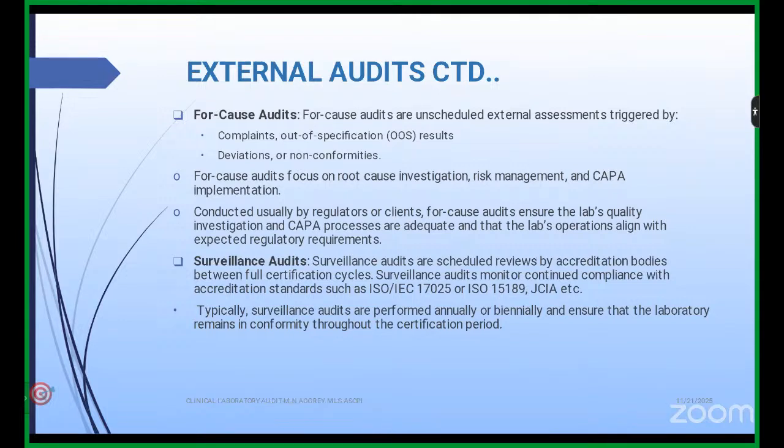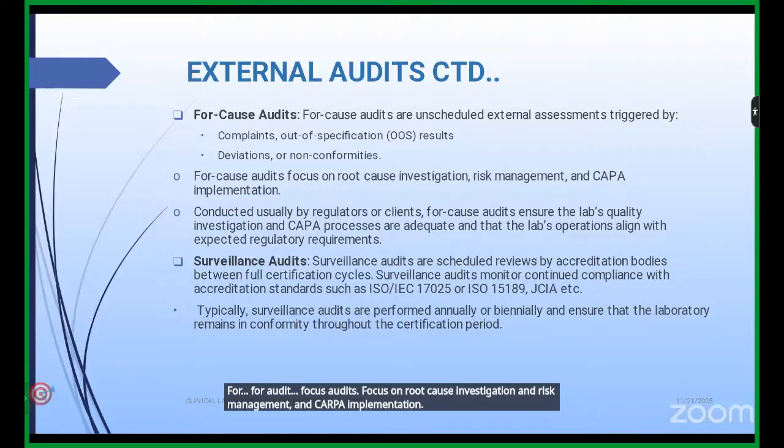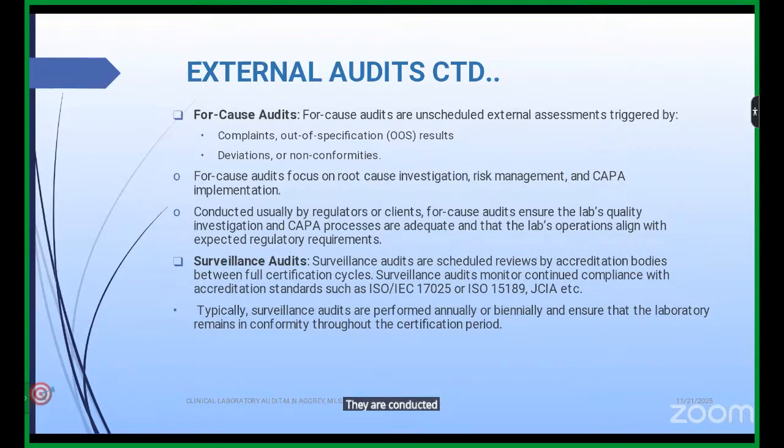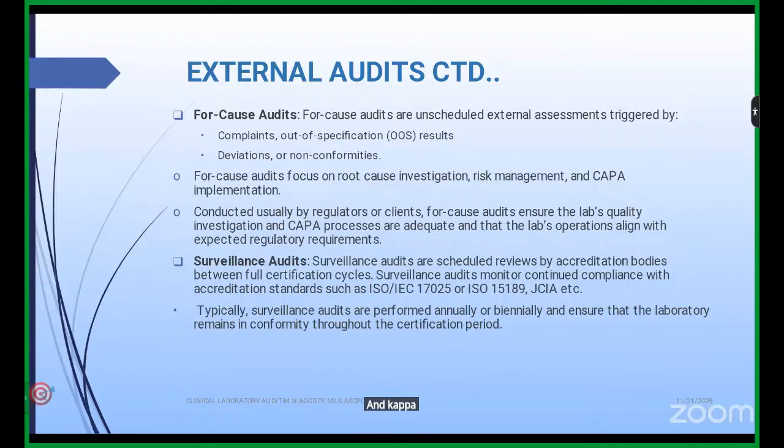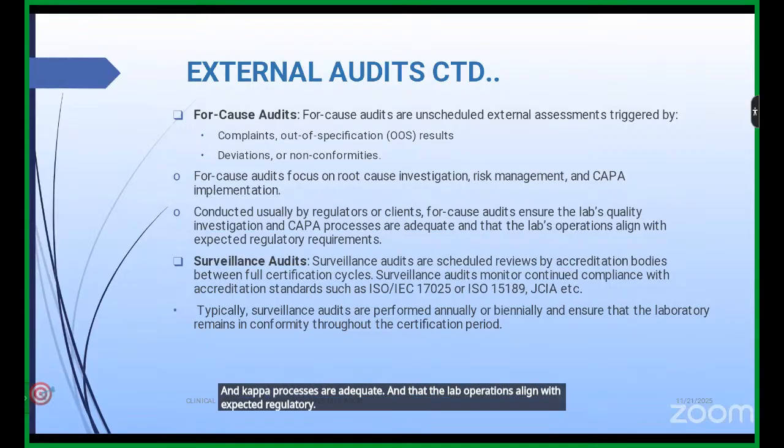For-cause audits focus on root cause investigation and risk management and CAPA implementation. They are conducted usually by regulators or clients. For-cause audits ensure lab quality investigation and CAPA processes are adequate, and that the lab operations align with expected regulatory requirements.